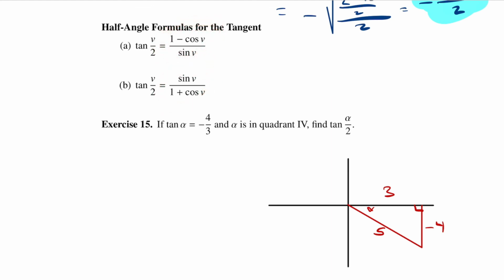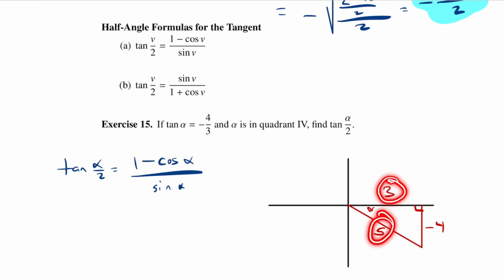So the tangent of alpha over 2 is going to be 1 minus cosine of alpha over sine of alpha. Cosine of alpha is adjacent over hypotenuse, so that's going to be 3/5. The sine is opposite over hypotenuse.